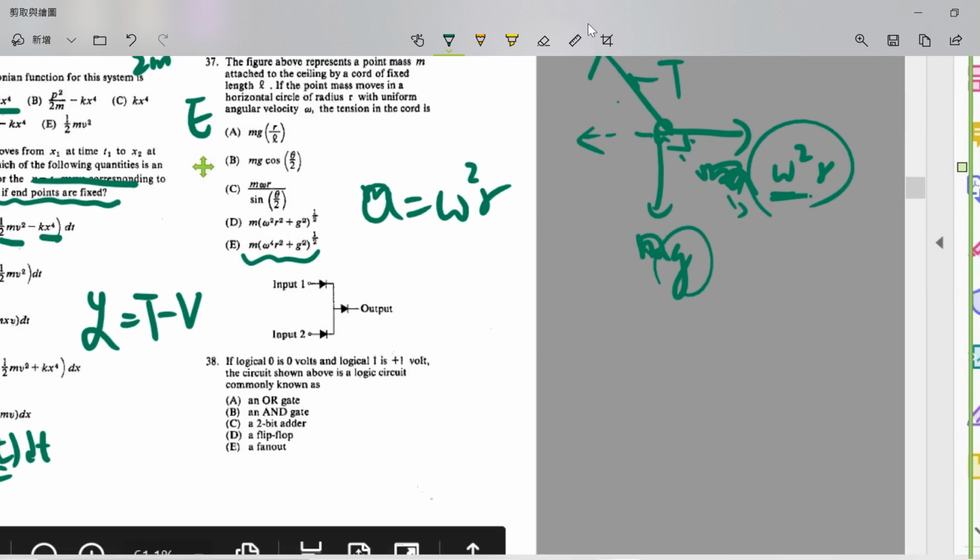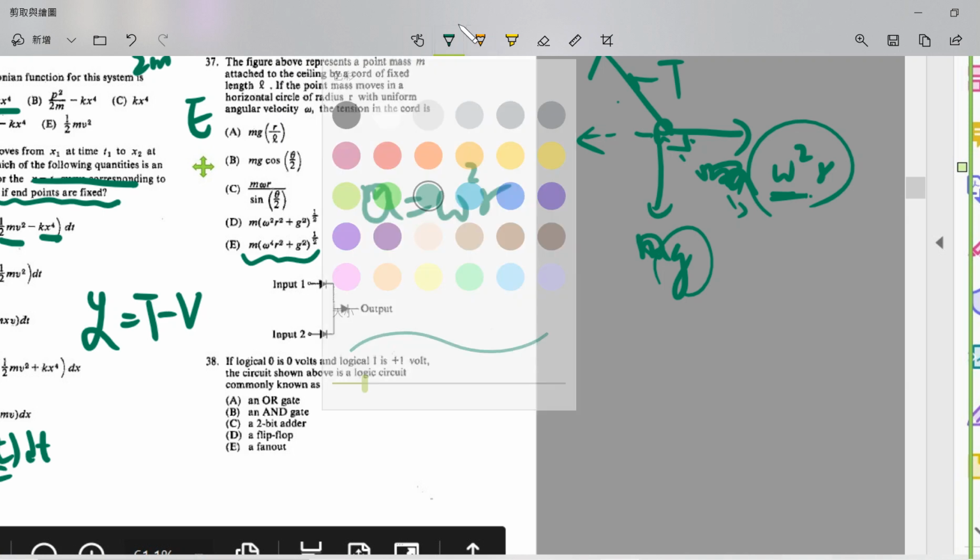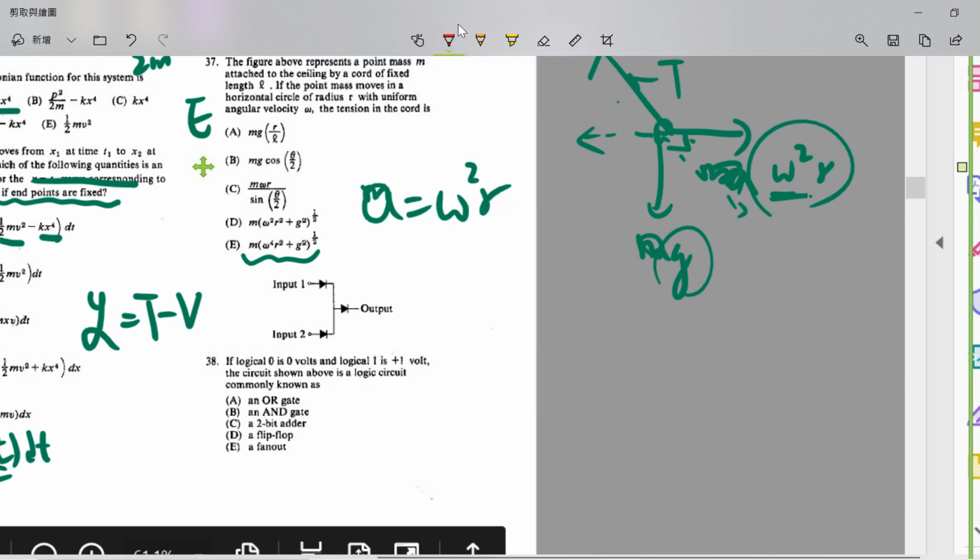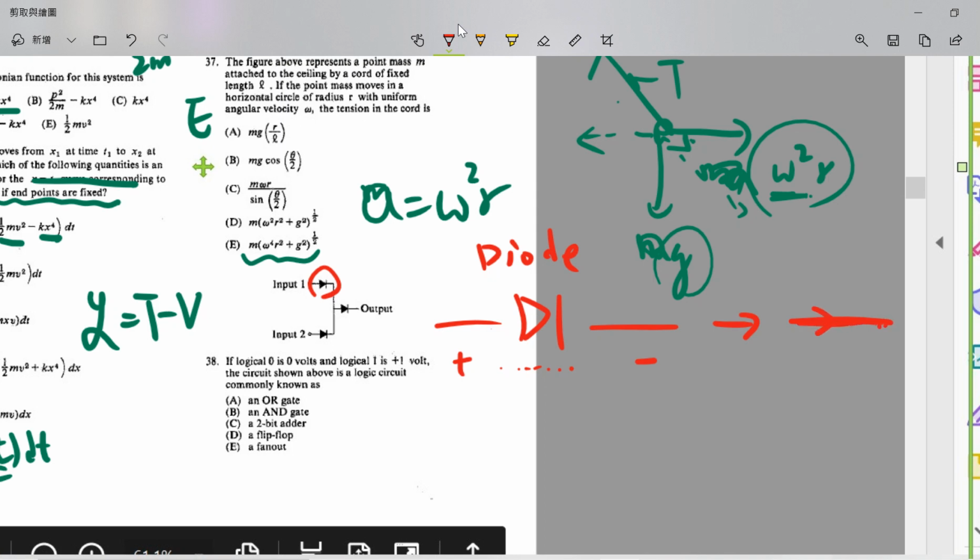Okay, so 38 asks you about a logic gate. Okay, so this is the diode. If this is positive, then it should be short. So that means there's a circuit where the current goes to here.